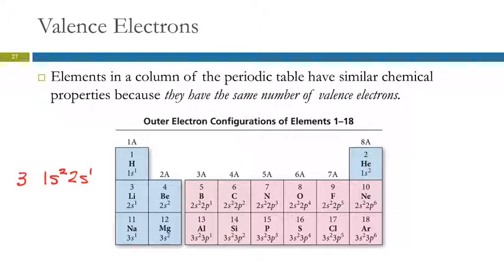If we did the noble gas, it would be helium and then 2s1. If we looked at sodium, sodium would be neon's electron configuration plus 3s1, because it's neon with 1 more electron. It gets very crowded to show the whole thing in the little box.